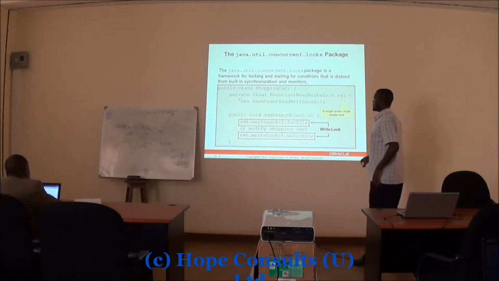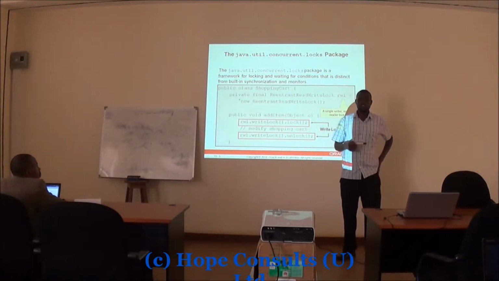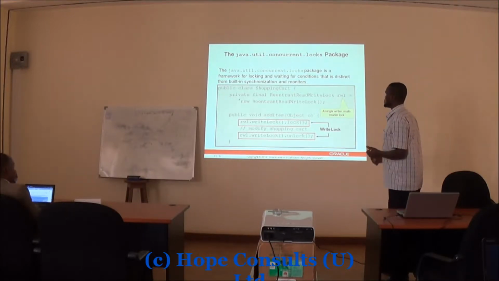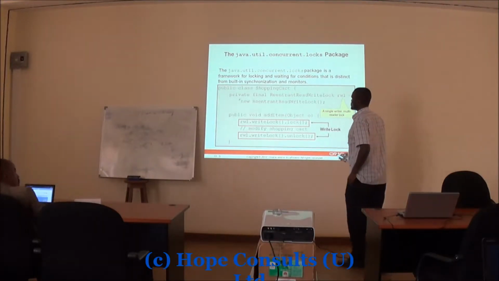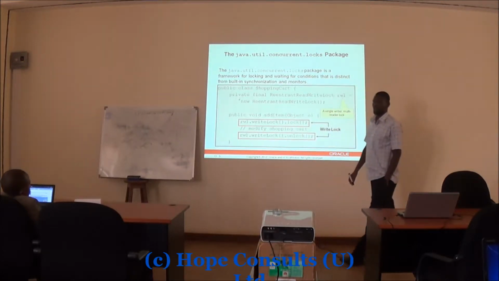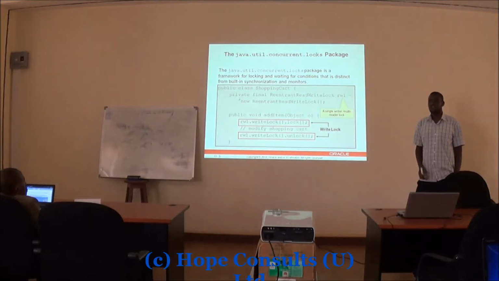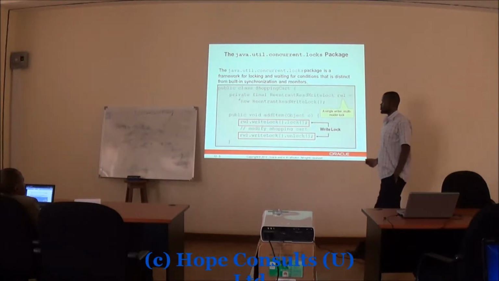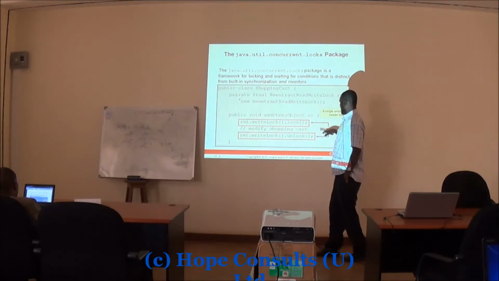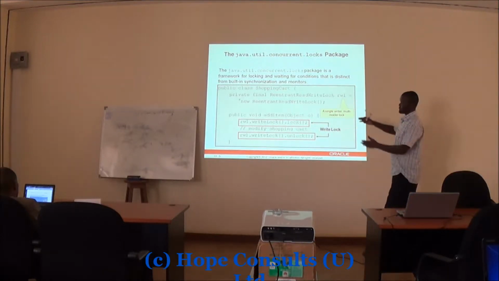Then on the other side, we were using synchronized to synchronize a section of code, a method. But in this case, we're using a write lock, or you can also have a read lock. So you can apply a write lock or a read lock to a certain section of code.